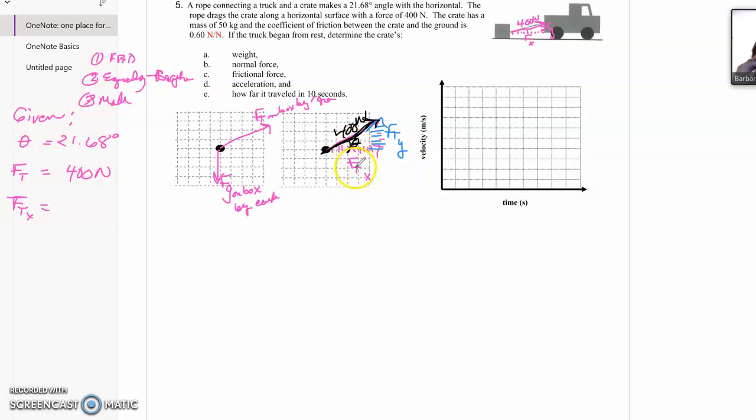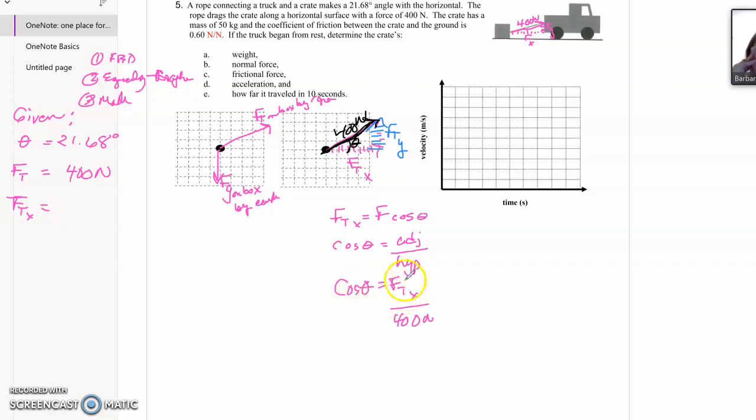So the F tension X is going to be cosine because it's adjacent to the angle, right? So F tension X is going to equal F cosine theta. Just a quick review. Cosine theta equals adjacent, which is that piece, the side, over hypotenuse. And in this case, the adjacent is F tension X. The hypotenuse is 400.